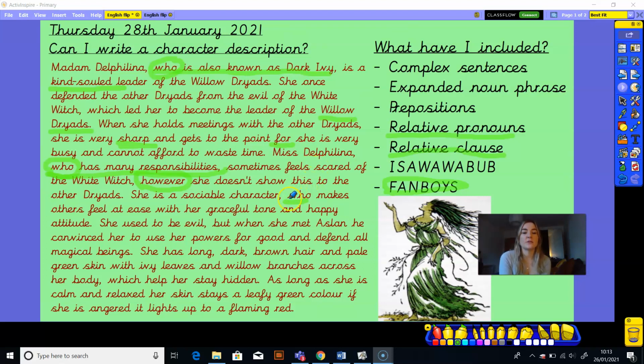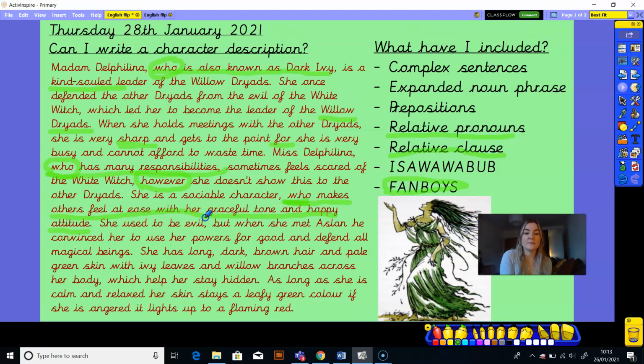And then we've got she is a sociable character who makes others feel at ease with her graceful tone and happy attitude. So I've underlined my relative pronoun here, and although it isn't in the middle of speech, we have got a relative clause here. Try and underline this. Who makes others feel at ease with her graceful tone and happy attitude. Could have just put she is a sociable character, but by adding that relative pronoun and the relative clause, you've basically given a bit of extra information.